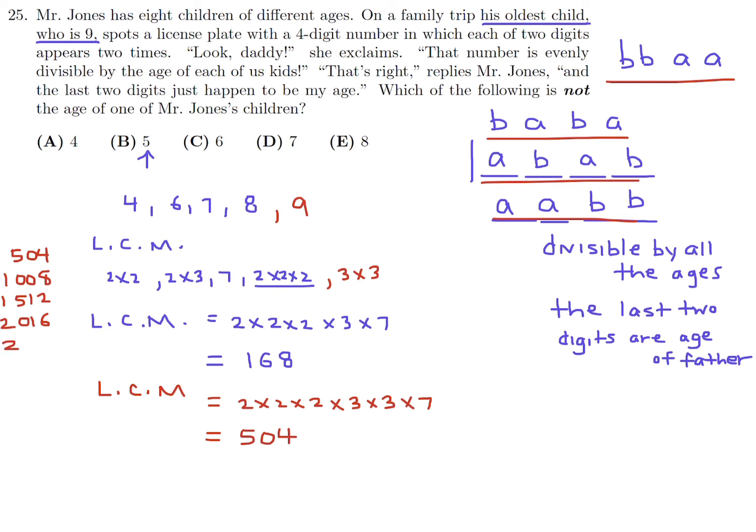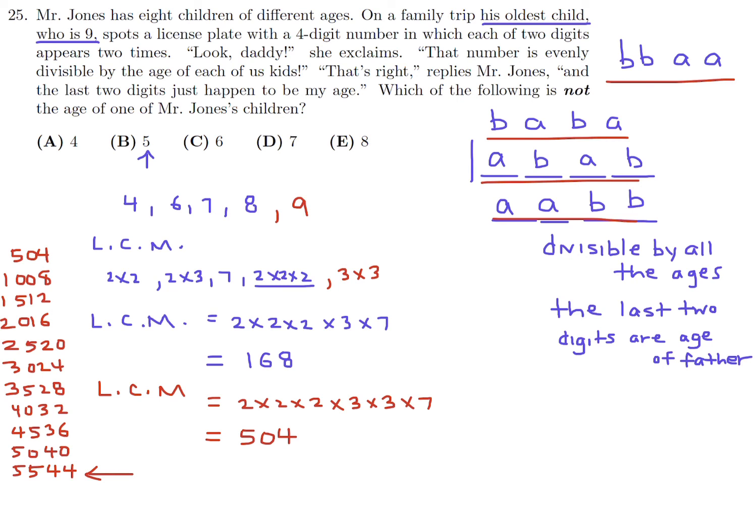So far nothing. 2520, 3024, 3528, 4032, 4536, 5040, 5544. There you go, 5544.